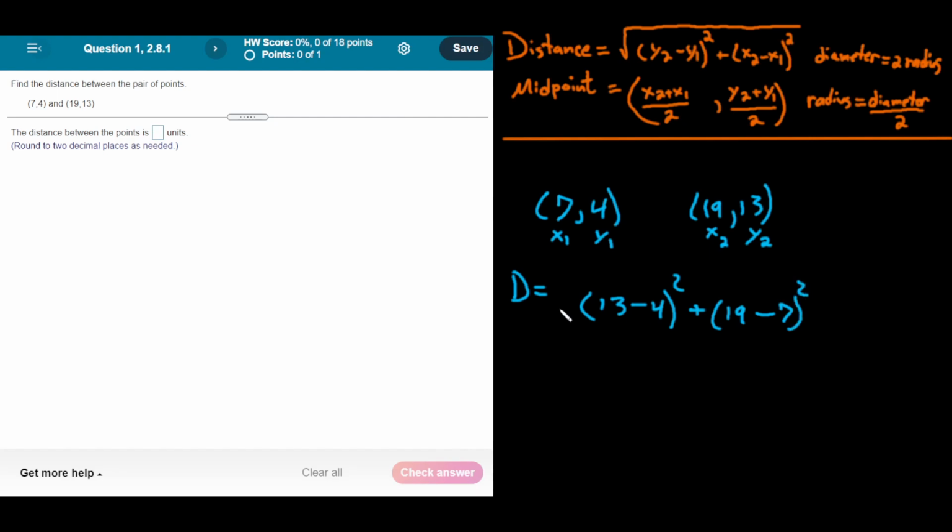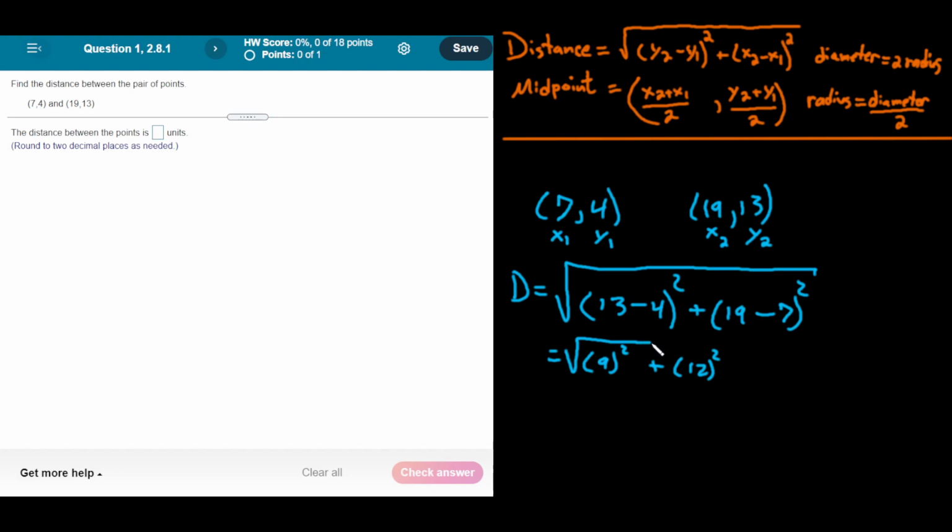And you're going to square that. And don't forget, we're square rooting every single thing here. And just step by step, you just solve the inside and then work your way outside. So 13 minus 4 is 9. 19 minus 7 is 12.